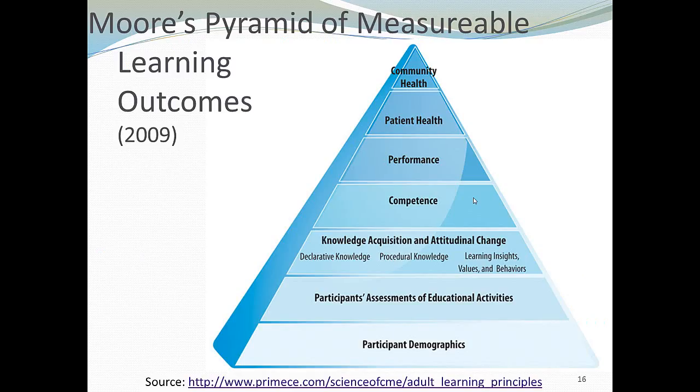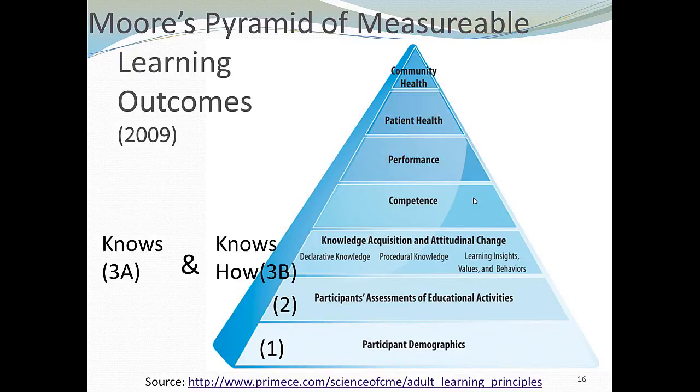And we saw this a few weeks back for those of you who were here for some of the earlier sessions. Donald Moore proposed expanding the outcomes criteria to what he calls 7, but it's really 8. Participant demographics is the bottom line. It's how many people signed in on the sign-in sheet, how many people came.